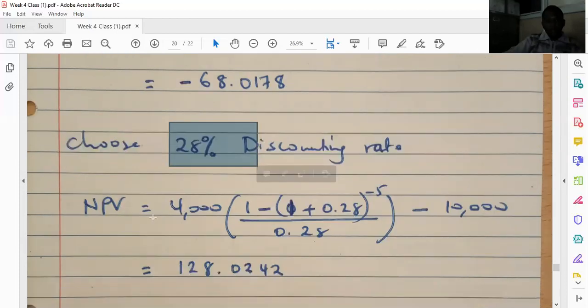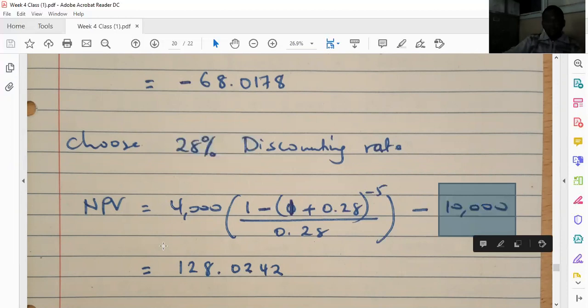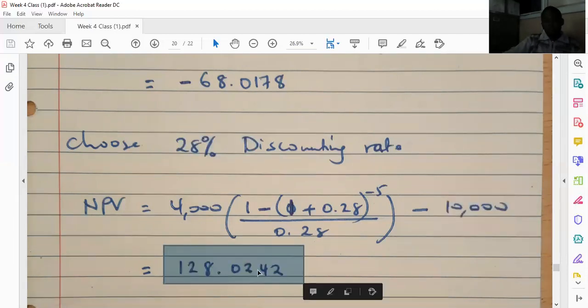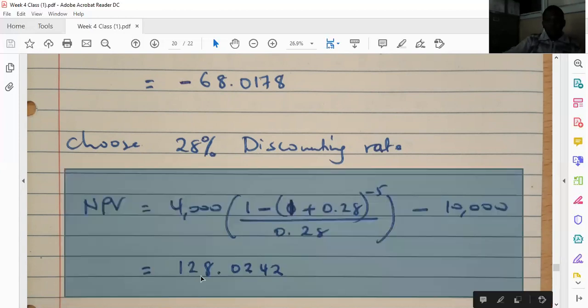We get the NPV, that is 4,000 times the present value interest factor of the annuity at a 28% discounting rate for 5 years, minus the present value of cash outflow. It gives us the NPV of 128.0242. So with this, we can now get our internal rate of return.